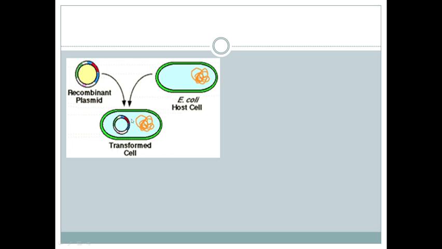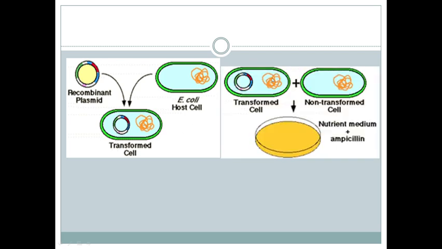So this bacterial cell now will become resistant to ampicillin, which means that if we culture this cell in a culture medium having ampicillin, this type of host cell will be able to survive, and we call this type of cell the transformed cell. Here you can see the host cell having taken up the recombinant DNA molecule carrying our gene of interest as well as the gene which will confer ampicillin resistance.